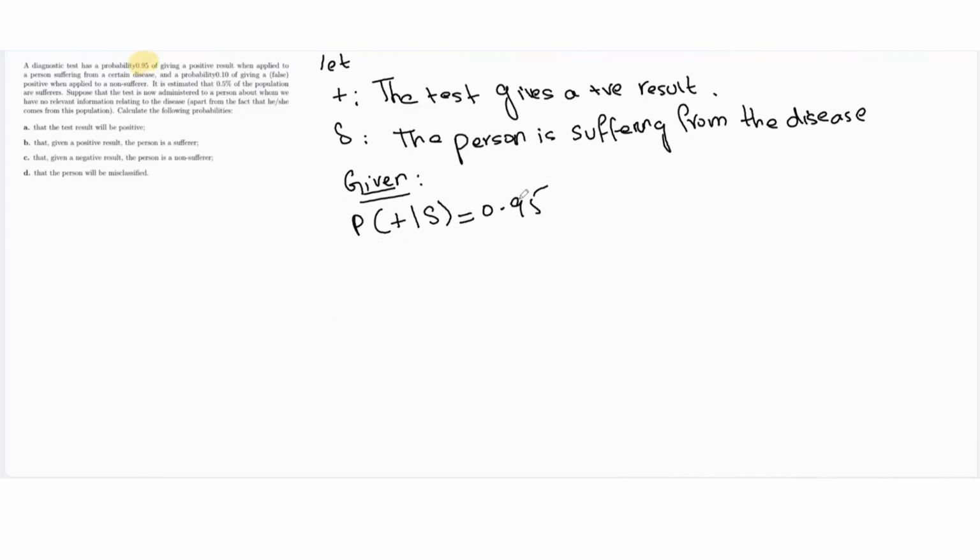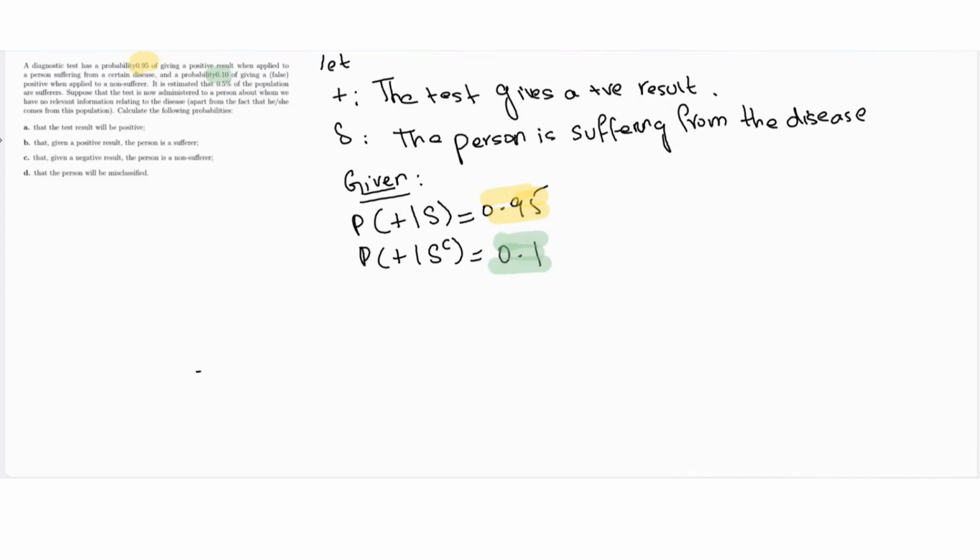Then we're told the probability that it's positive given that he's not a sufferer, S complement, is 0.10. A probability 0.10 of giving a false positive when applied to a non-sufferer.